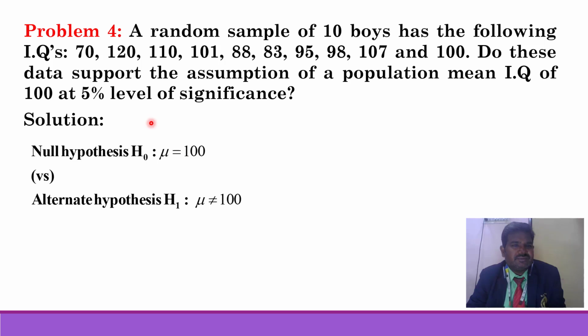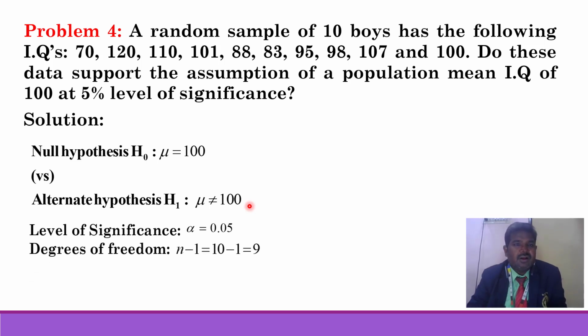So the alternative hypothesis we may choose, H1: mu is not equivalent to 100. And the level of significance is given as 5%. So we use alpha equal to 0.05 with the degrees of freedom n minus 1. So n is 10, so 10 minus 1 is equivalent to 9.